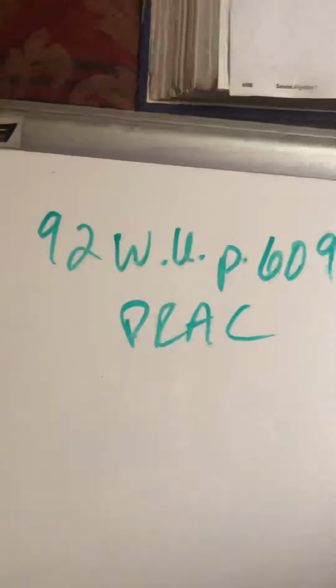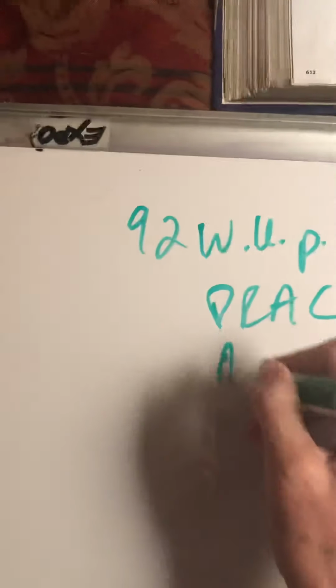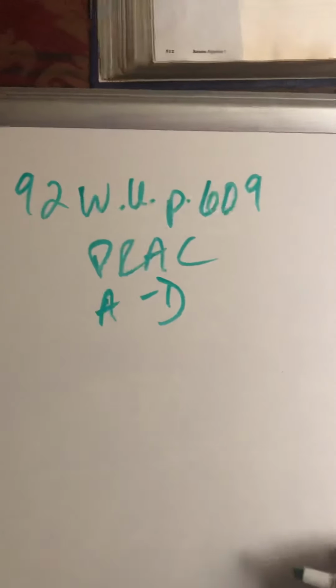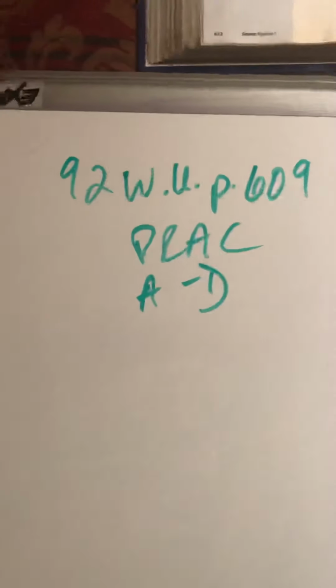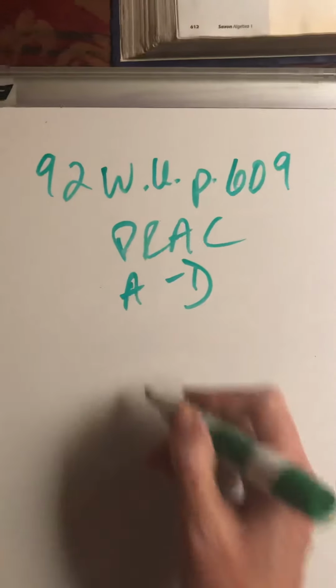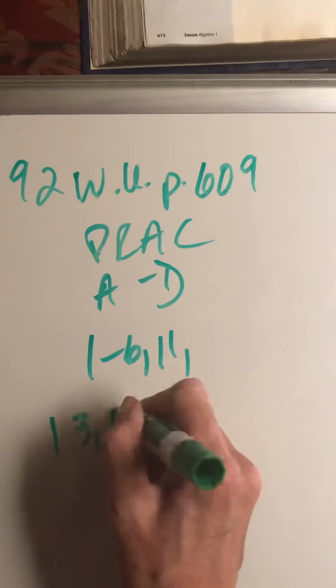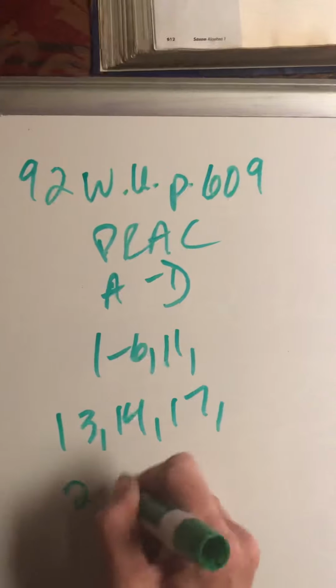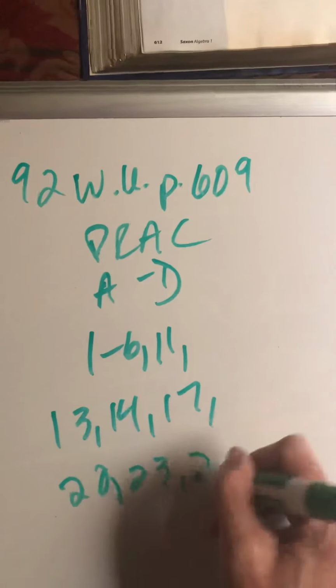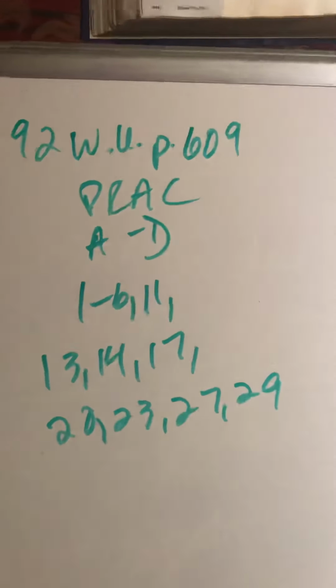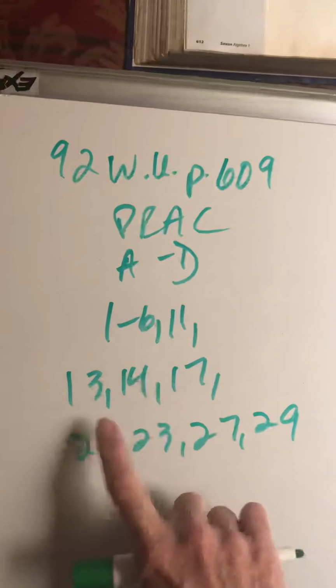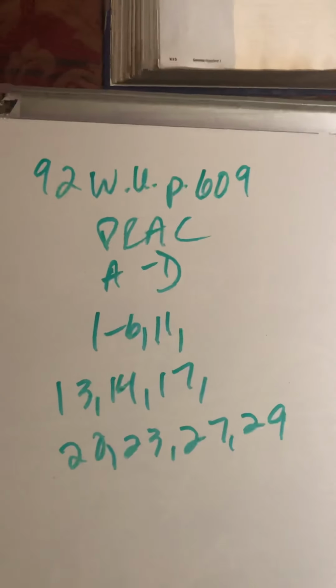Now I think on mine CS, we're going to do all the practice, but I've changed my mind. We're just going to do A through D on the practice. Then on the lesson, you're going to do 1 through 6, number 11, 13, 14, 17, 20, 23, 27, and 29.